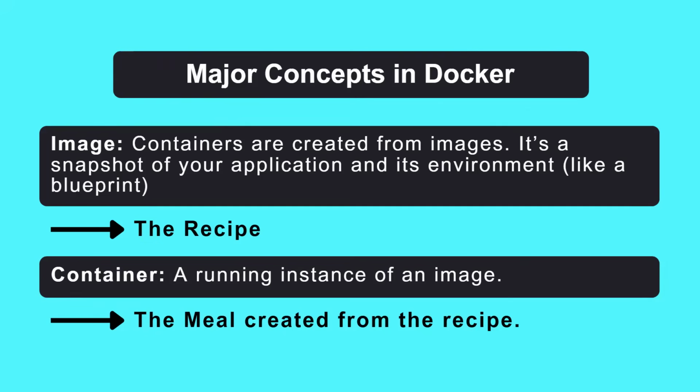An image is just how the container should look, what the container will contain, etc. But the container is the real thing. So we will work with Docker images. We will write the code. We will use different sorts of images from Docker Hub, but the container is the main and actual thing that we need.